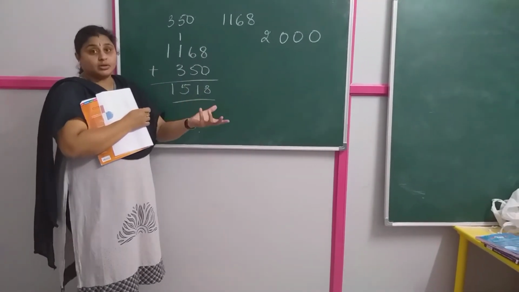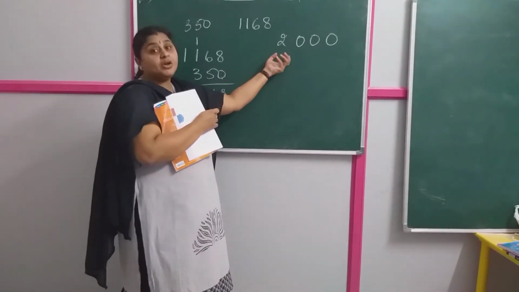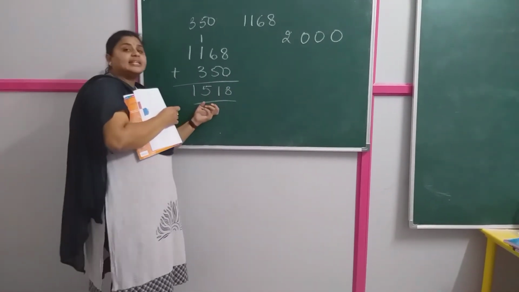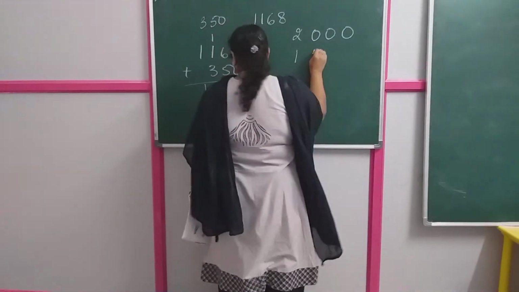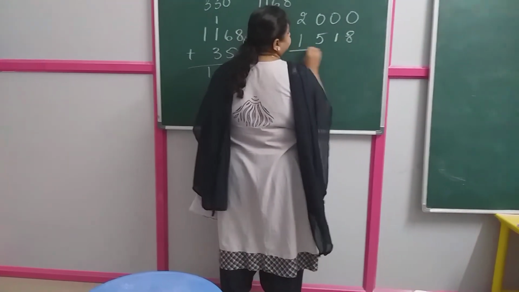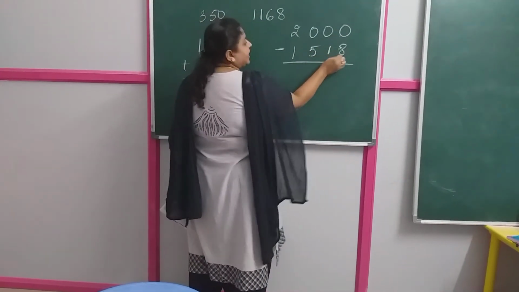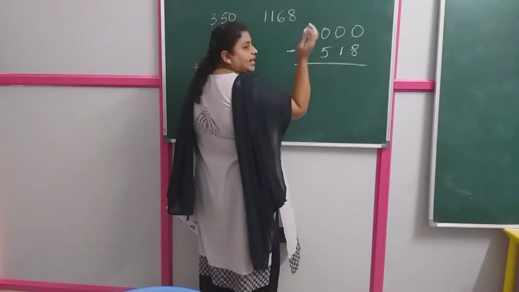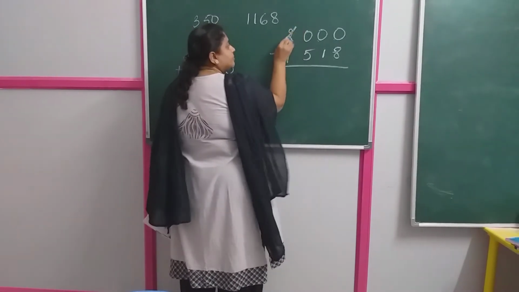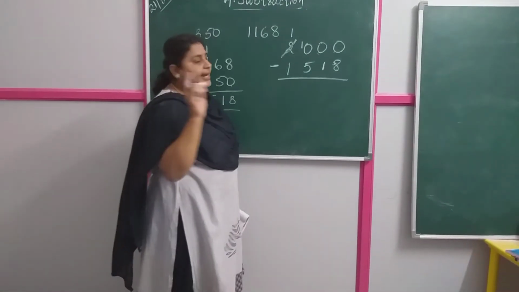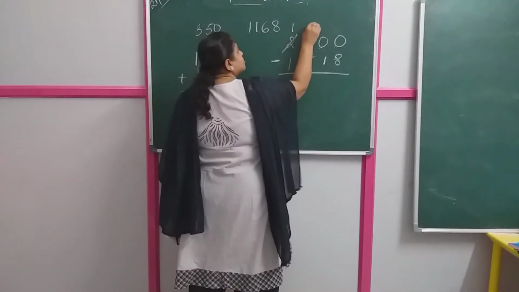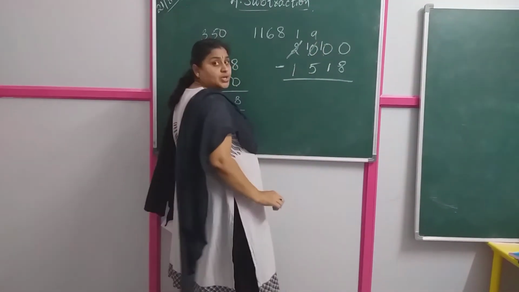How many more? It means from the total number of cars, you have to subtract the cars that have already been parked. 2000 minus 1518. Come on, from 0 I cannot take 8. From 0 can I take a borrow? No. So the 2 changes to 1, 0 changes to 10. Again 10 changes to 9 and 0 changes to 10.